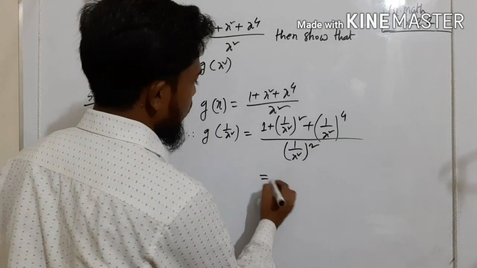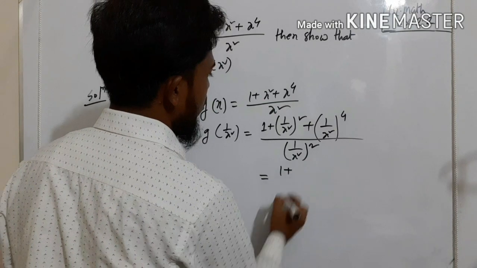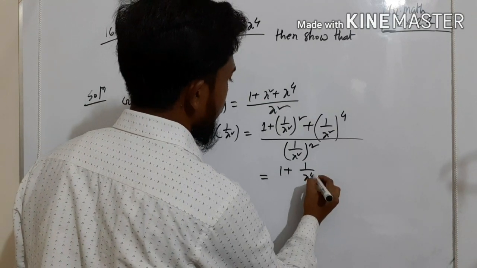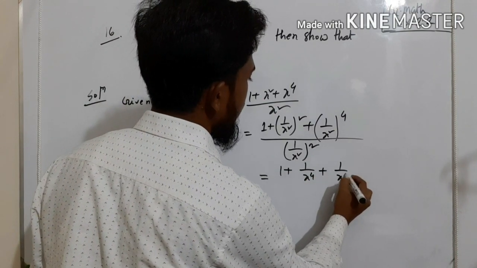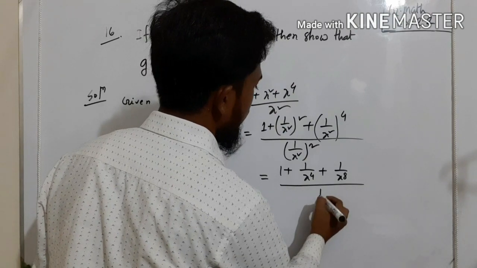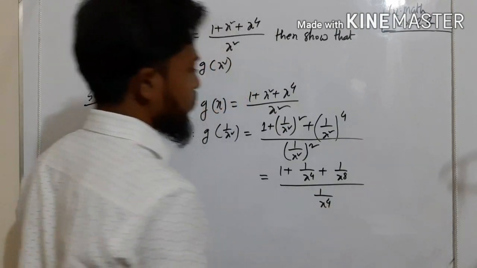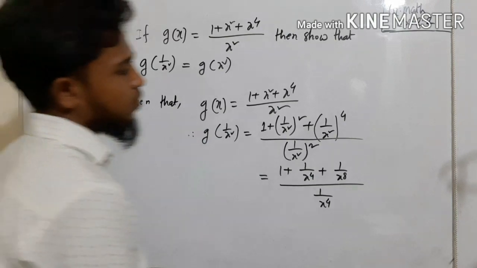So we can write 1 plus 1 by x power 4 plus 1 by x power 8 divided by 1 by x power 4.